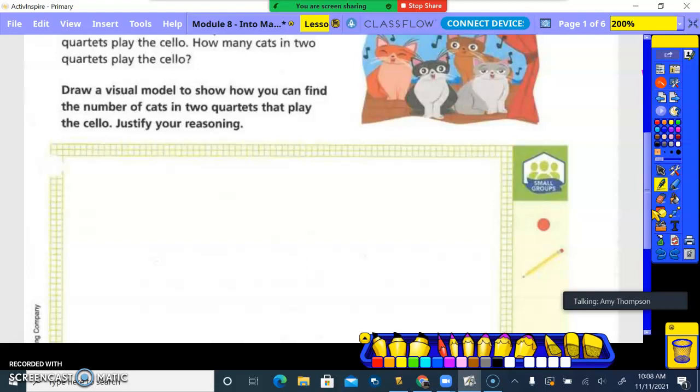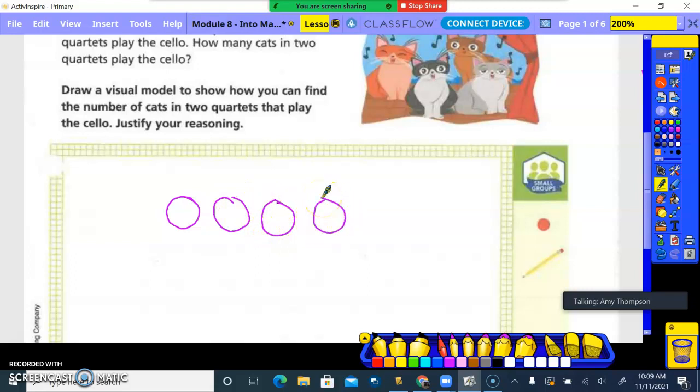Okay, so we have 1/4 of them, right? And how many cats? 2 cats in each one, right? So basically we know we need it in 4 parts, correct? So we're going to draw 4 circles to show 4 parts.